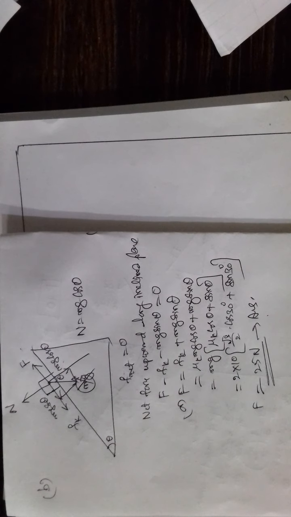Root 3 by 2, cos 30 degrees plus sin 30 degrees. So substituting the values we get the answer. How much? We get the answer 25 newtons. This is the answer.